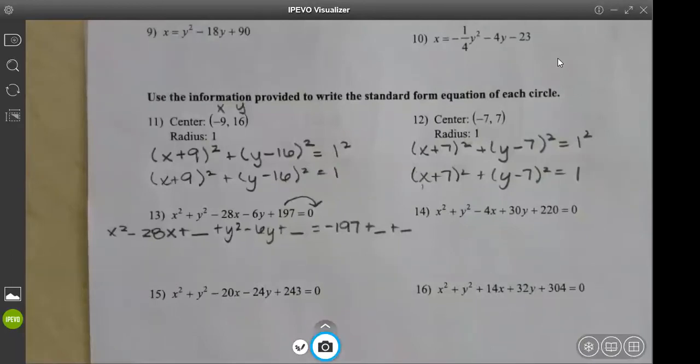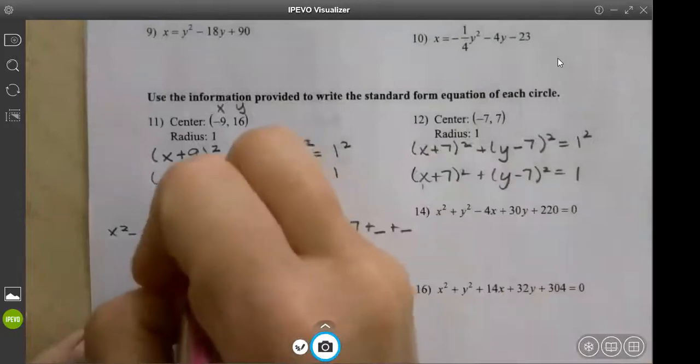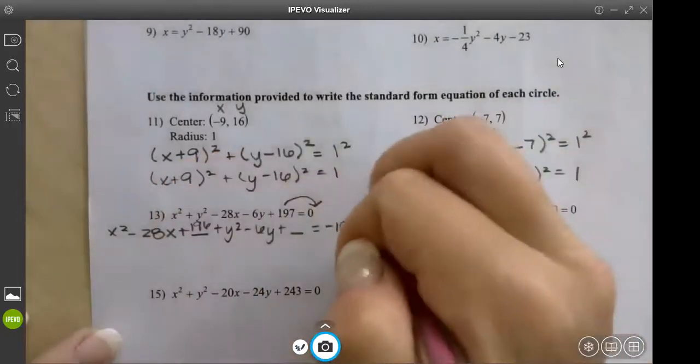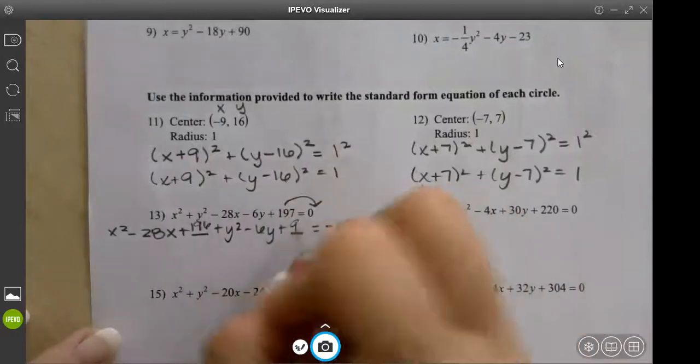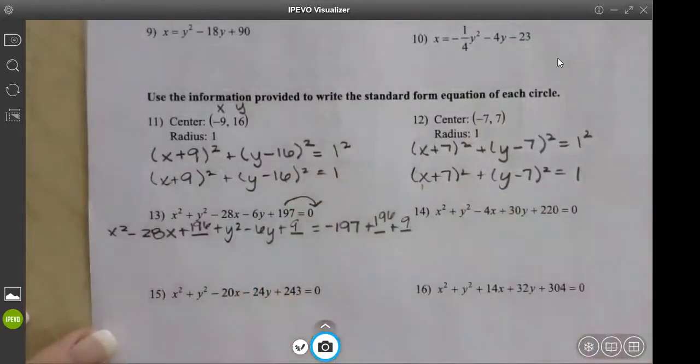All right, 28 divided by 2 is 14. 14 times 14, 196. And you guys see how they kind of cancel each other out. They're going to be real close to each other. You shouldn't have big, huge numbers there. 6 divided by 2 is 3. Squared is 9.